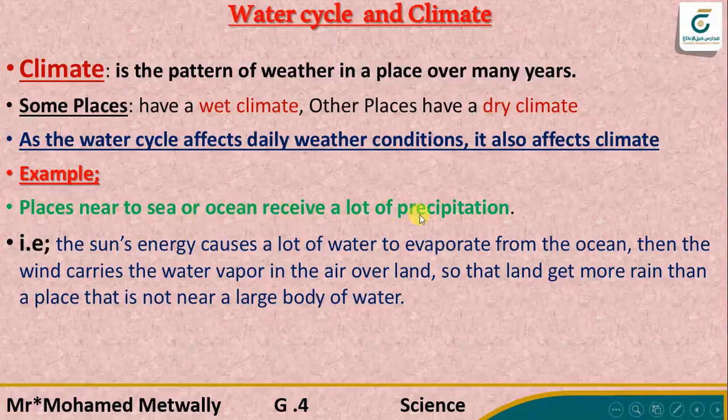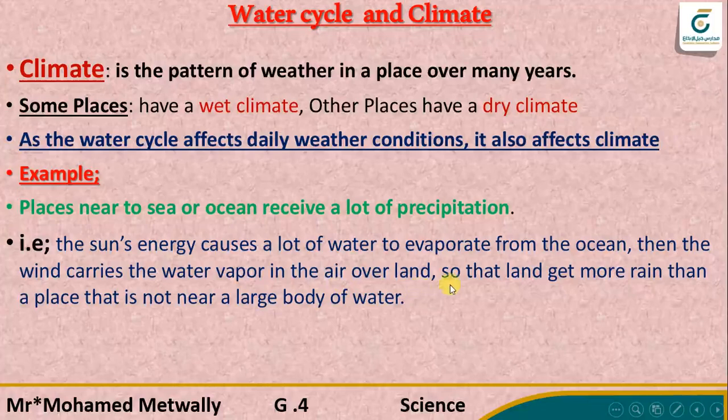Why? Because the sun heats or warms the surface water and gives us more vapor. This much vapor turns to condensed water, so the precipitation will be huge, a large amount. The sun's energy causes a lot of water to evaporate from the ocean. Then the winds carry the water vapor in the air over land.